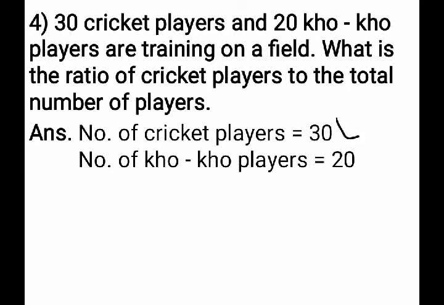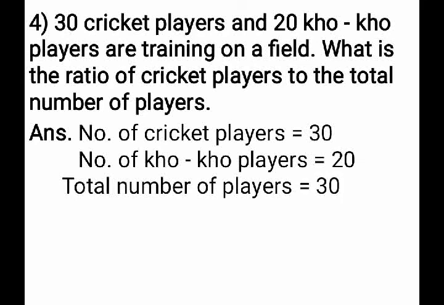Add these numbers. Total number of players is equal to 30 plus 20. How much? 50. You have to find the ratio of cricket players to the total number of players. So the next statement you have to write, which I marked in brackets.